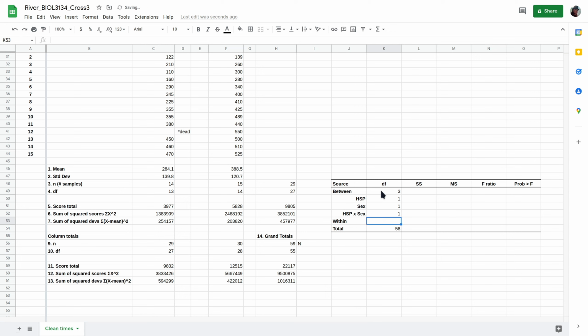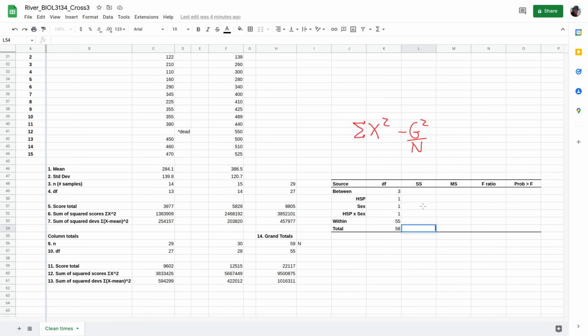That leaves the within. The within is simply the total minus the between. So this value minus this value. We can put that in. The total minus the between. And you can refer back and see where the math is in your notes.